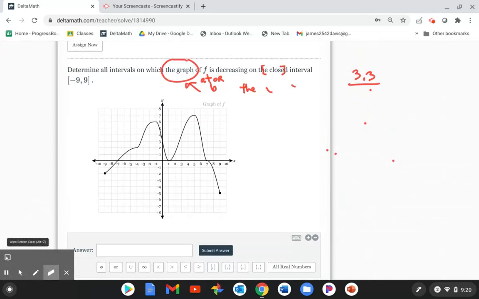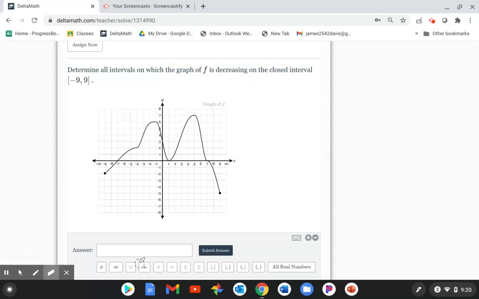Another one that we're going to answer is, determine all of the intervals in which the graph of the function is decreasing. So where is the function decreasing? In other words, what this is asking, f is decreasing, there's a few things we want to think about in terms of derivatives. So what this means is that the slope is negative any place where f is decreasing.